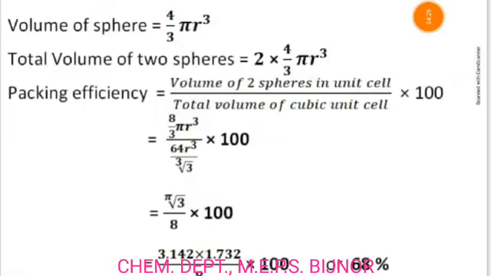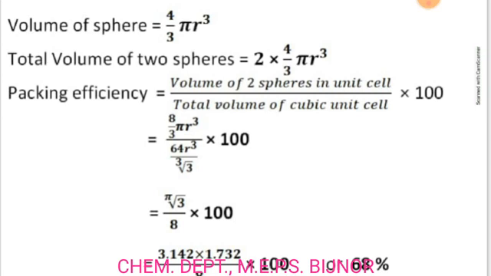The volume of a sphere is 4/3 pi R cube. The total volume of 2 spheres is 2 multiplied by 4/3 pi R cube. Packing efficiency is equal to the volume of 2 spheres in the unit cell divided by the total volume of the cubic unit cell, then multiplied by 100.